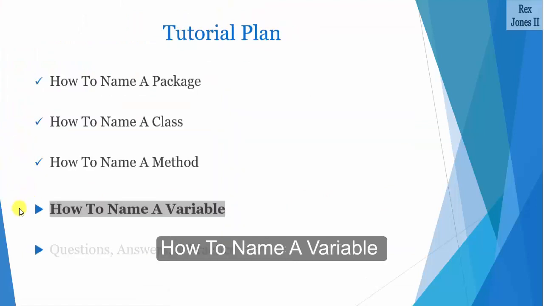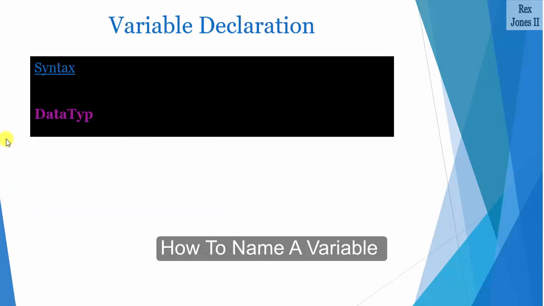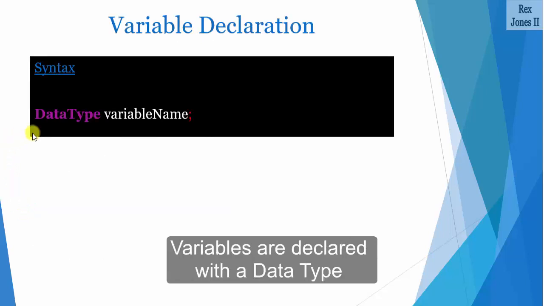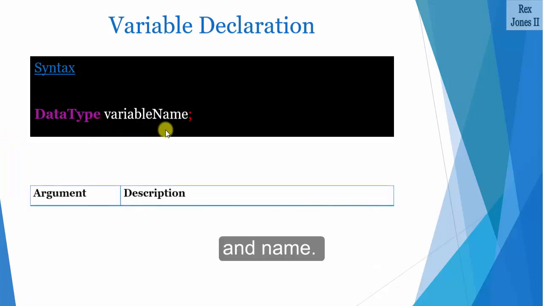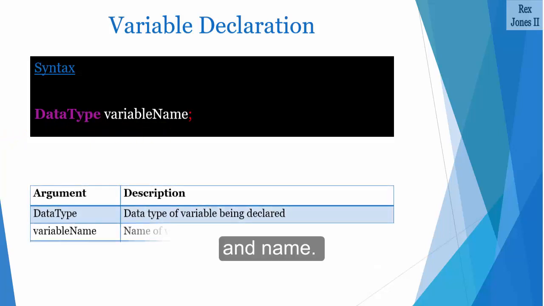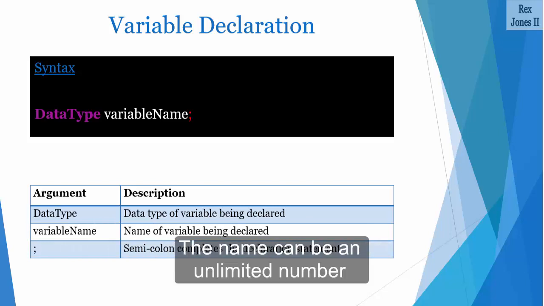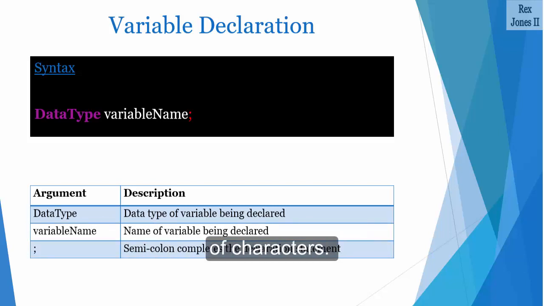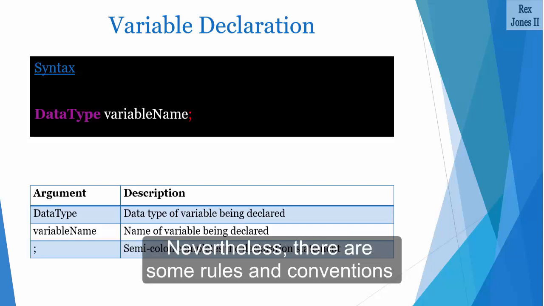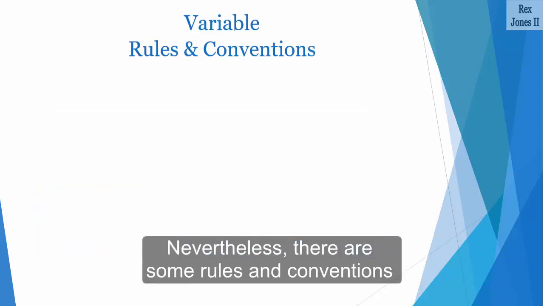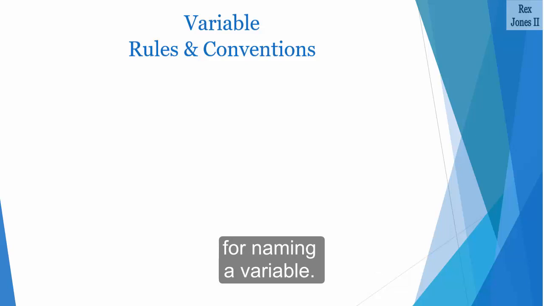How to name a variable. Variables are declared with a data type and name. The name can be an unlimited number of characters. Nevertheless, there are some rules and conventions for naming a variable.